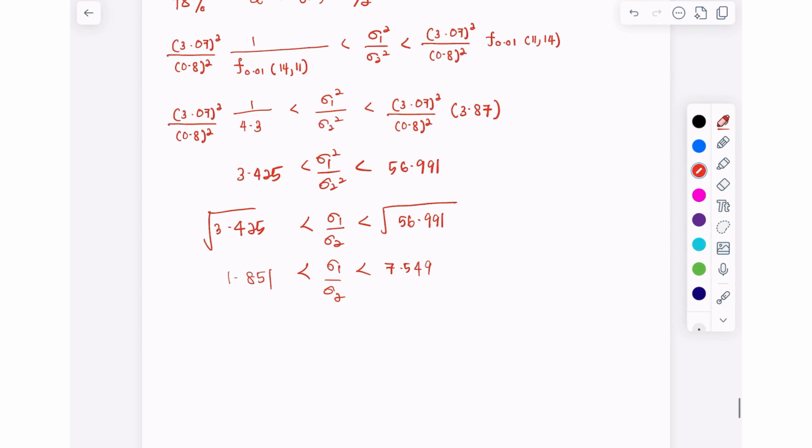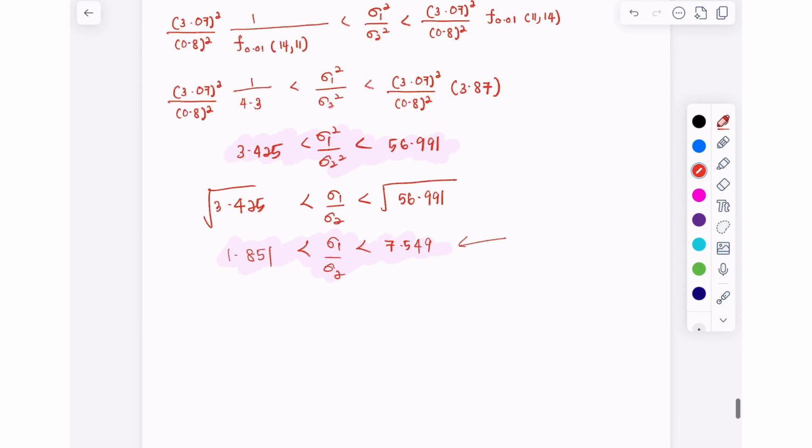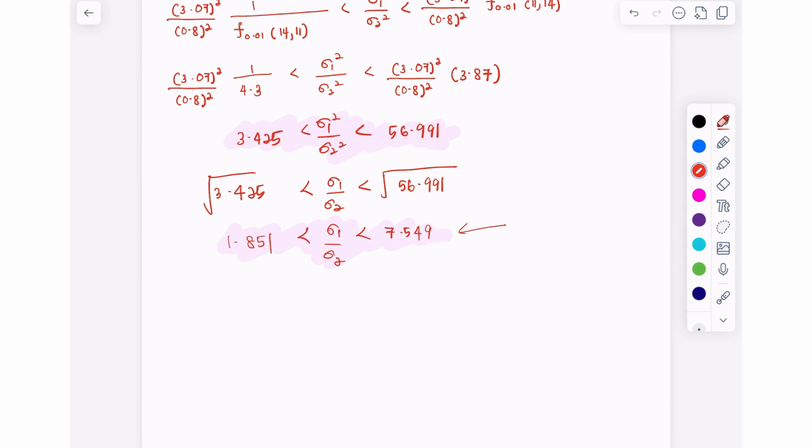So this is the confidence interval for the ratio of the standard deviation, and the earlier one is for the ratio of the variance. What can you conclude from the ratio for the standard deviation? Since the interval goes from 1.851 until 7.549, the value 1 is not included inside the interval.